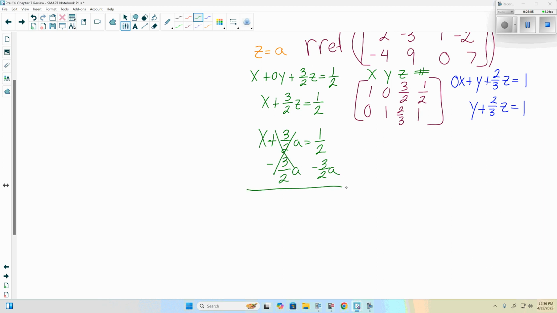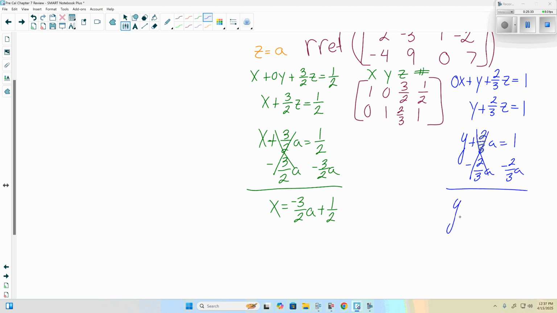These will cancel, giving us x by itself. Well, -3/2 a and 1/2 are not the same. So it's just saying x is equal to -3/2 a plus 1/2. We can do the same thing with y. Y plus 2/3 a is equal to 1. We need to get y by itself, giving us this here.